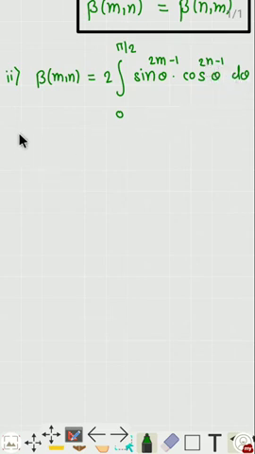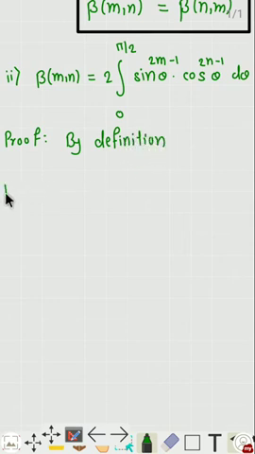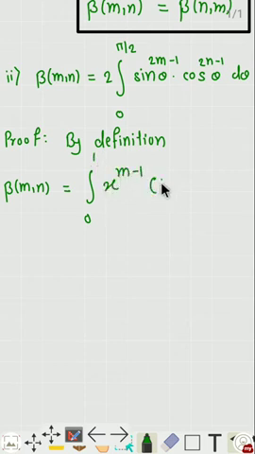Okay, so let us write the proof. By definition, we start from the definition. The definition of beta m n is equal to integration over 0 to 1 of x raised to the power m minus 1 into 1 minus x raised to the power n minus 1 dx. So this is the definition of the beta function, and in this definition we make some substitutions.